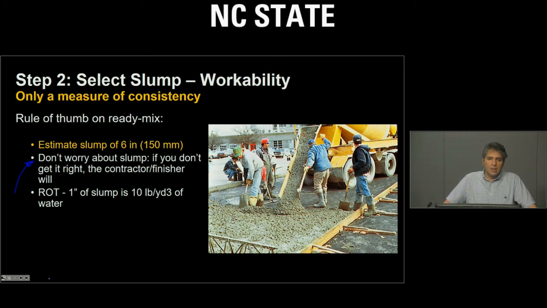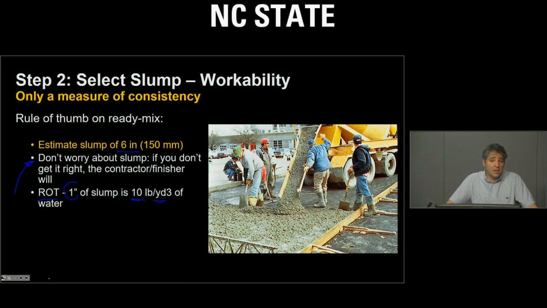Another thing that I would mention is that if you do not have a whole lot of information about what kind of slump you need, the recommendation is that you get a 6-inch slump, or 150 millimeter slump, for your concrete material. Rule of thumb: if we add 10 pounds of water per cubic yard of concrete, the slump of concrete will increase 1 inch.